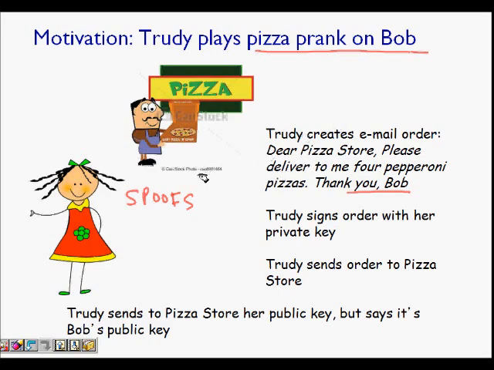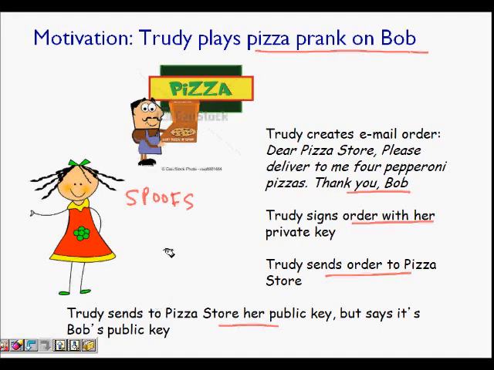Then Trudy signs the order with her private key, so that you can authenticate her. And she also sends her public key. She sends the order to the pizza store with her public key, and she says that this public key is Bob's.